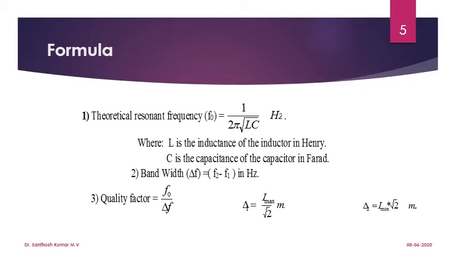Similarly, the bandwidth is calculated using delta F equals F2 minus F1, and the quality factor is the ratio of the resonant frequency to the bandwidth. The bandwidth is analyzed by estimating the IRMS values of AC, that is, delta 1 is I maximum by root 2, and delta 2 is I minimum into root 2, in terms of milliamperes.